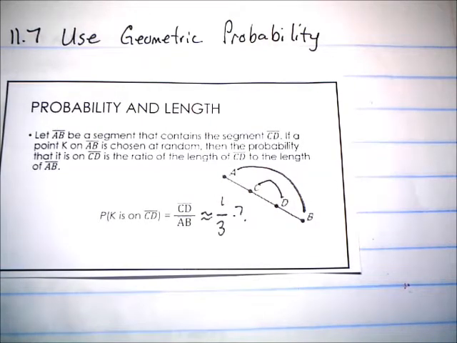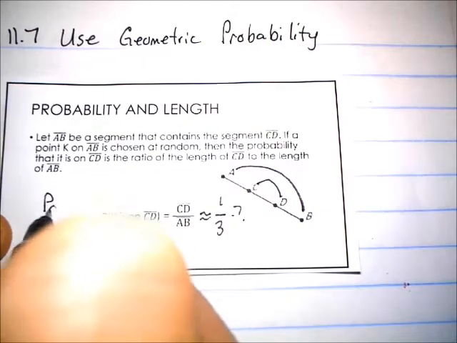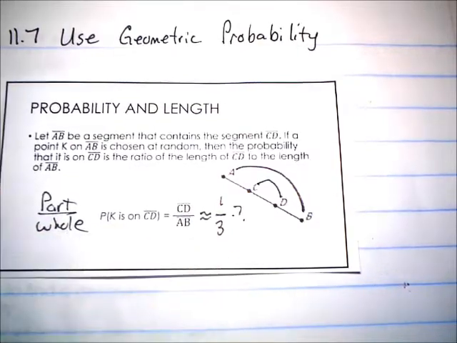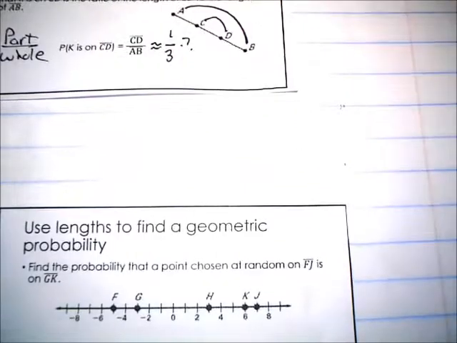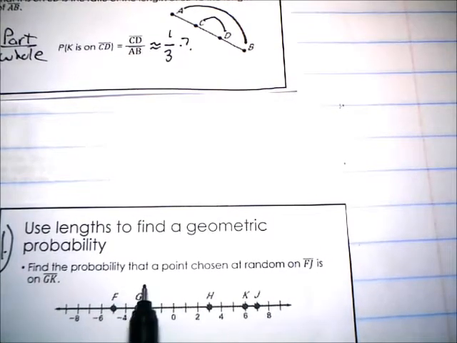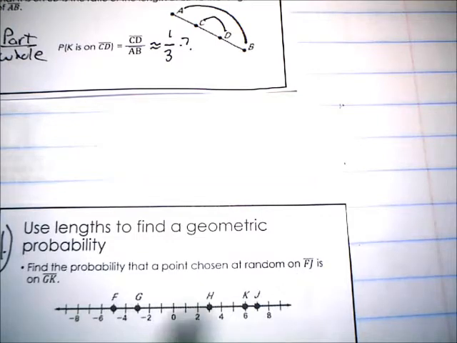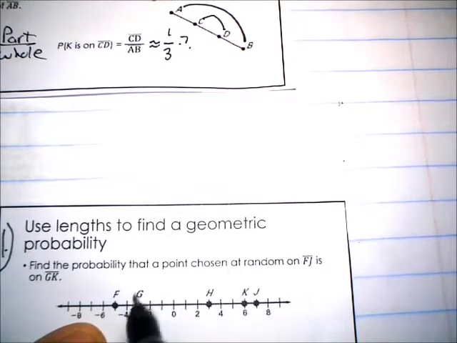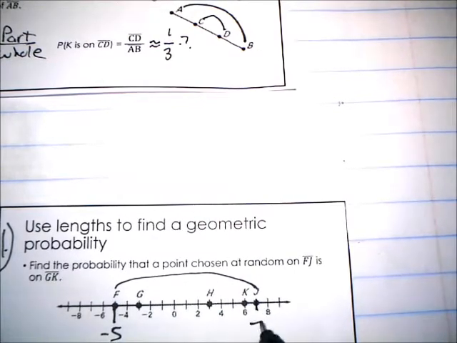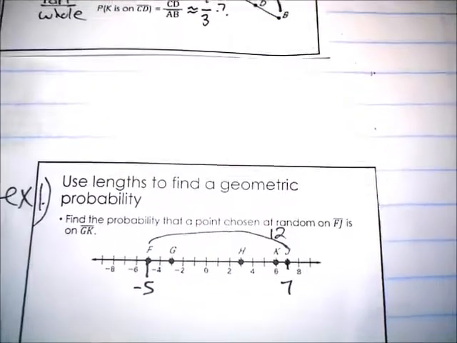So if I look at the first example here, example 1, it says to find the probability that a point chosen at random on this segment FJ, this entire segment going from -5 all the way up to 7, that entire distance is a total of 12 units long. And it asks what's the probability of choosing a point at random on FJ that is also on GK.